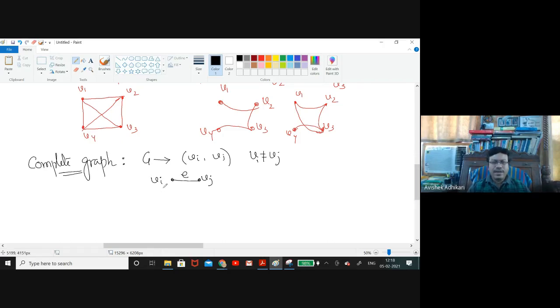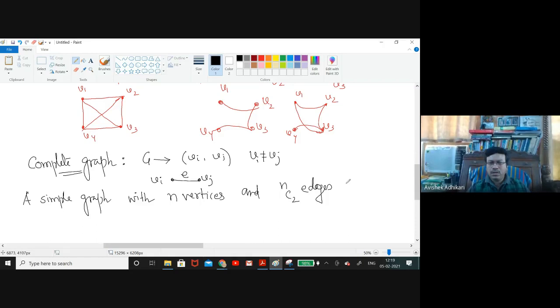Now let us try what Kalpok told, that I can have a bound. He told that a simple graph with n vertices and n choose two edges is called a complete graph.